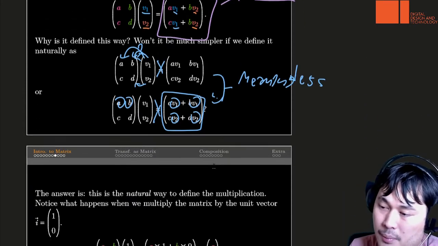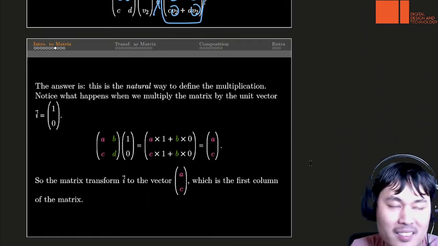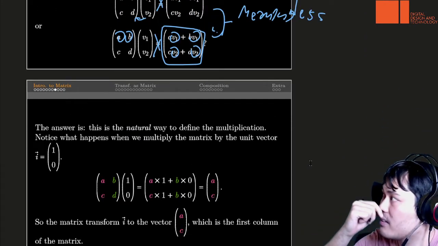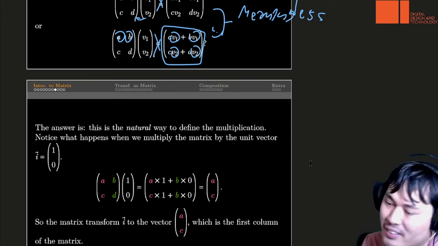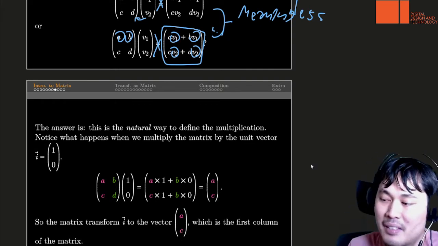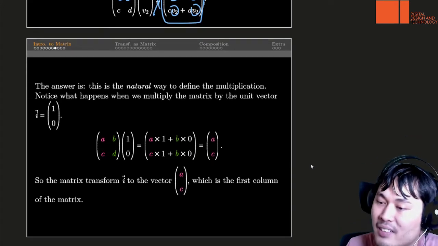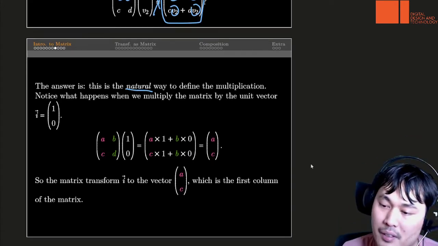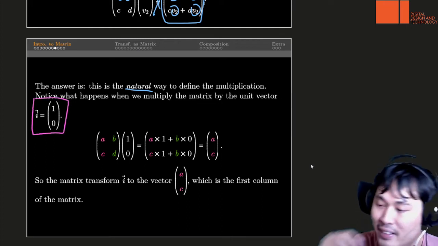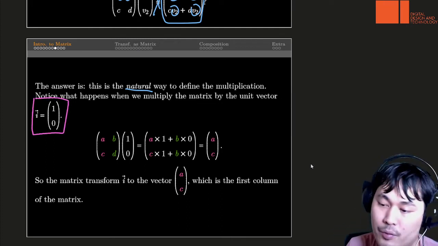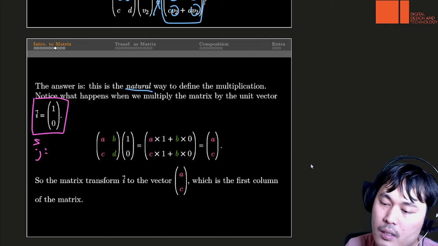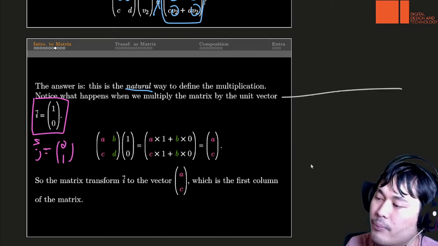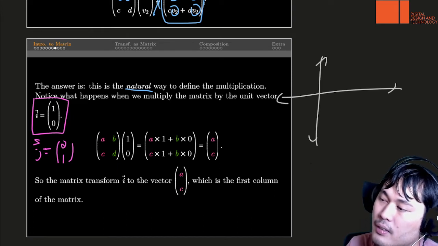And also there's not a math reason, but there's some kind of special case. It is natural this way, because there's a vector. If you remember, there are two special vectors called the unit vectors i and j. And i represents a vector to the right by one step.